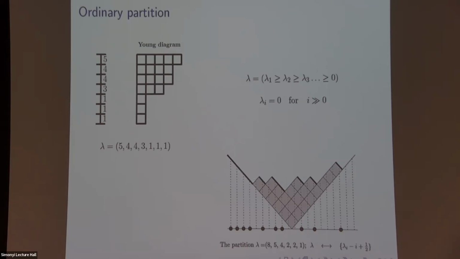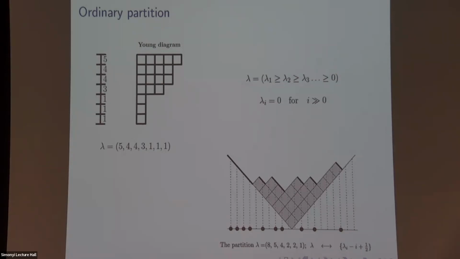We associate each edge in the (1, -1) direction with a particle and (1, 1) direction with a hole. Then it gives us a set of particles which lives on Z plus 1/2. We can shift it and just deal with integers.